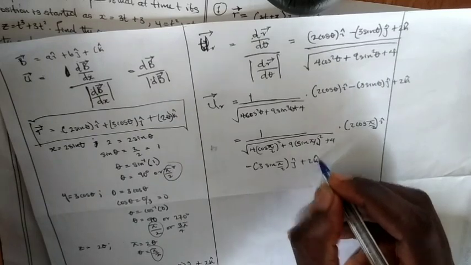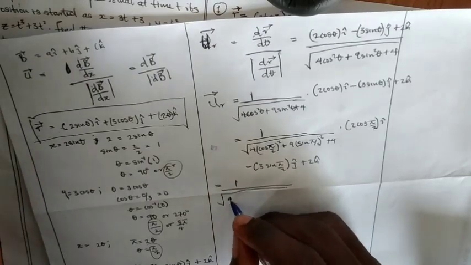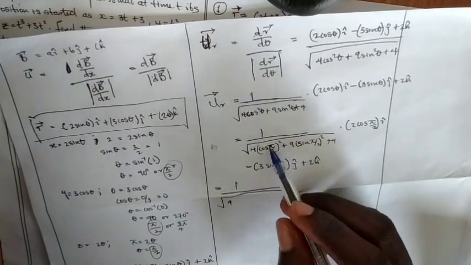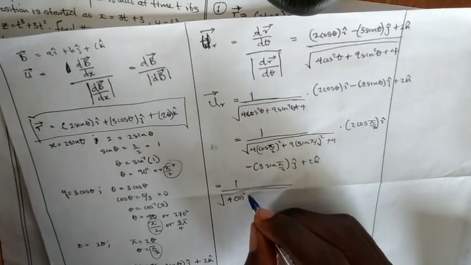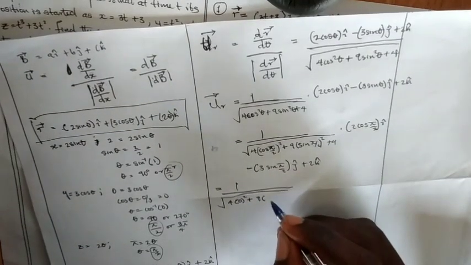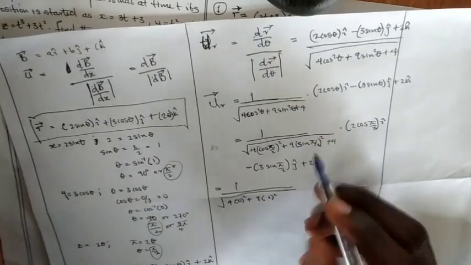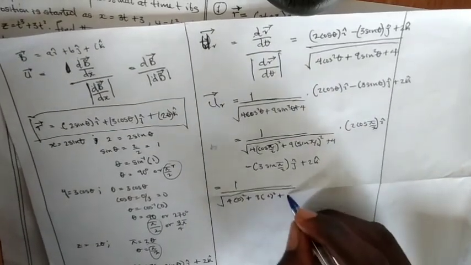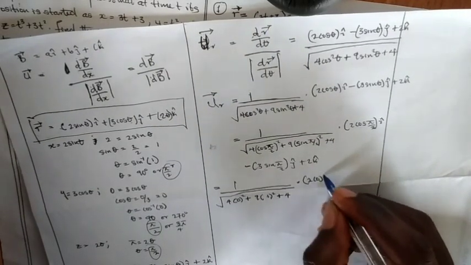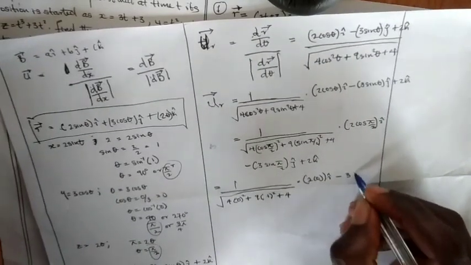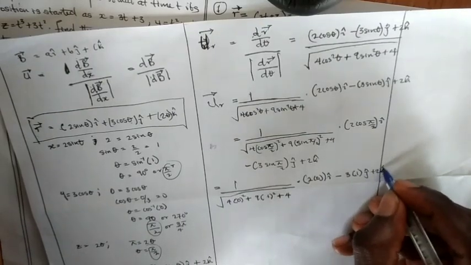So now we have 1 over the square root of, cos pi over 2, which is 0, so that is 4 into 0 squared plus 9 into sin pi over 2, which is 1. Note we are dealing with radians here, so pi over 2 is the same thing as 90, plus 4. And we have 2 cos pi over 2, which is 0, minus 3 sin pi over 2, which is 1, plus 2k.